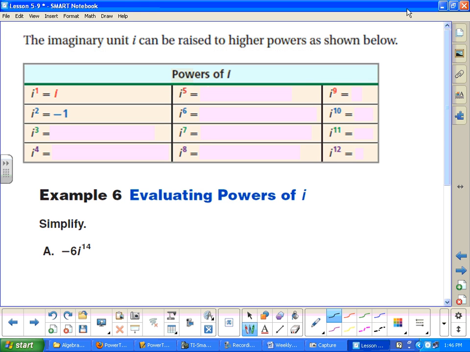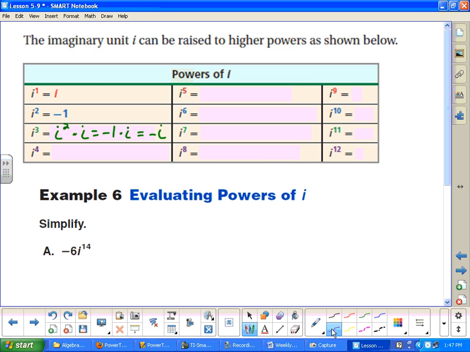So let's look at i cubed. i cubed would be equal to i squared times i. What's i squared equal? Negative 1. So this is negative 1 times i, which is just negative i.